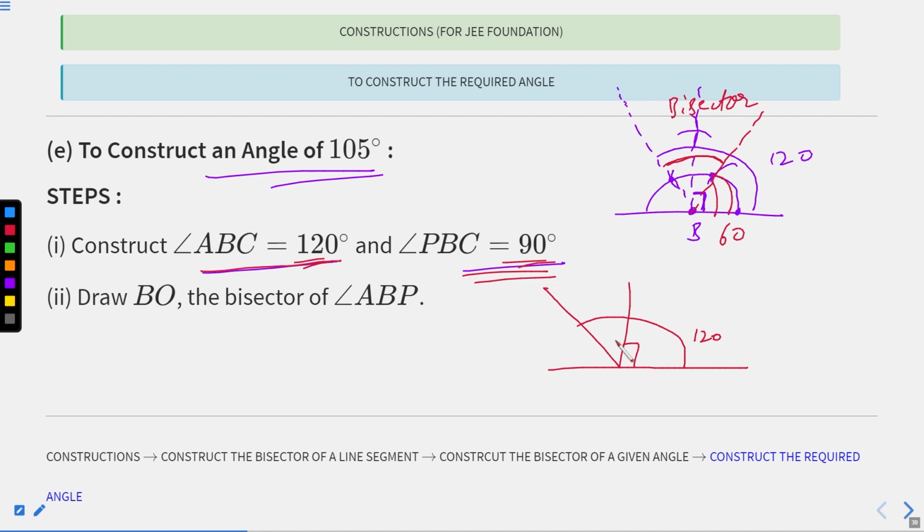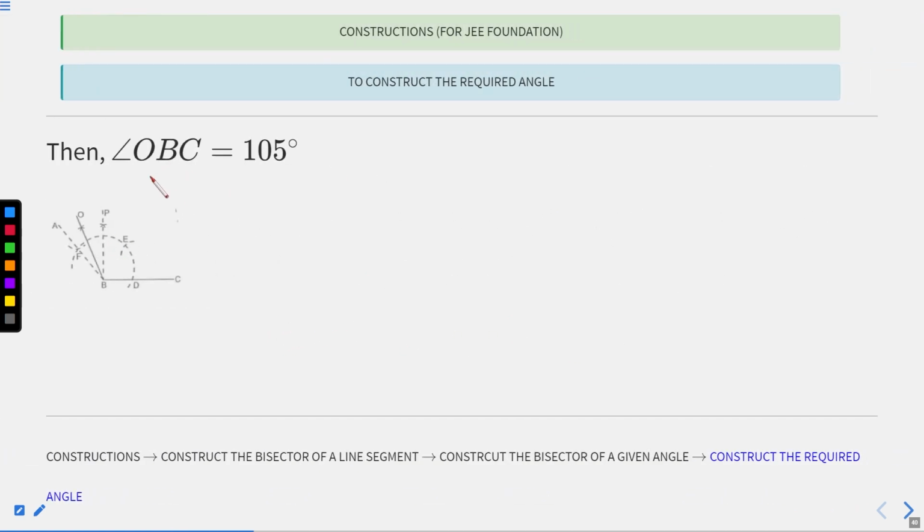Now what we will do is bisect it again. Here is our 120 and this is our 90. Bisecting these two, taking the center first as this and performing the same steps as for the angle bisector, we will get this intersection point, and joining them we will get this angle as our 105. Okay, I hope this is clear to you.